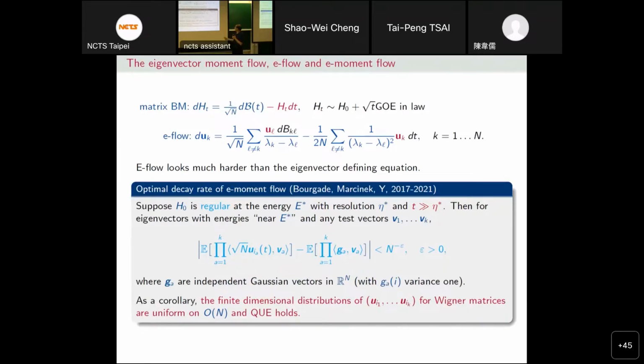This is what I was doing with this student, Jack Masonic. He was visiting CPS for half a year here. Because what I did with Paul Bourgade was the one eigenvector case. And then for many eigenvectors, I did this with this student. The key idea I found with Bourgade about one eigenvector, actually we did this when he was also visiting here.